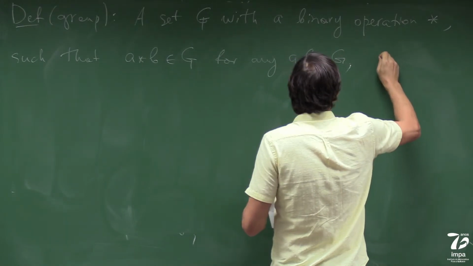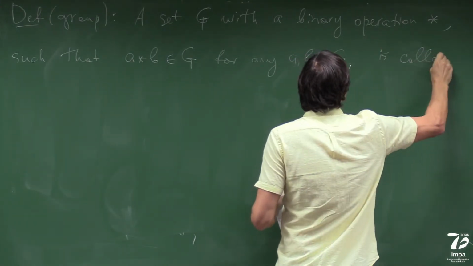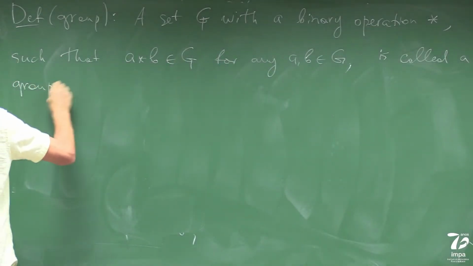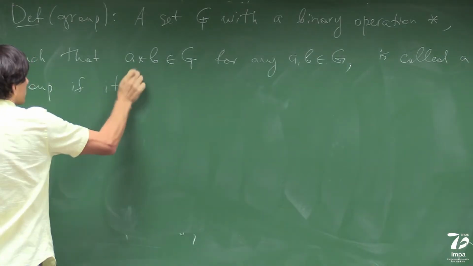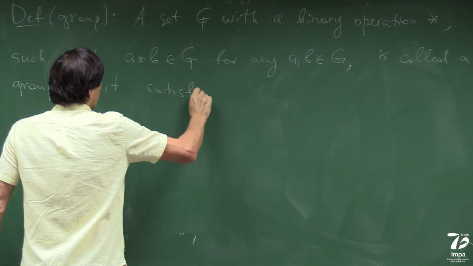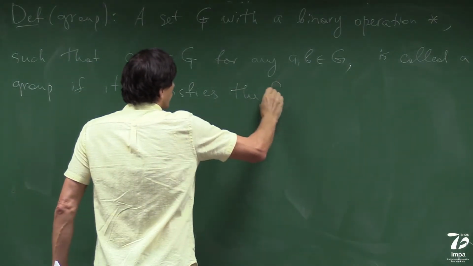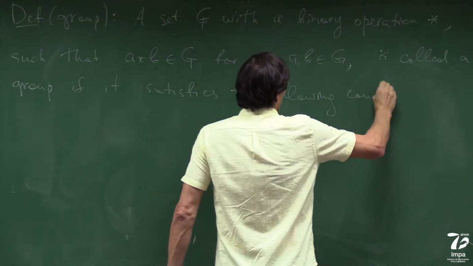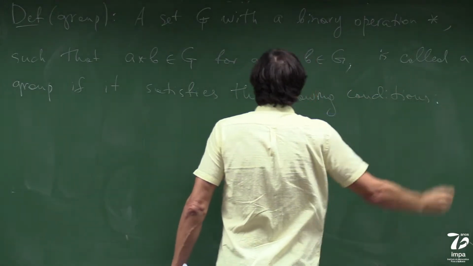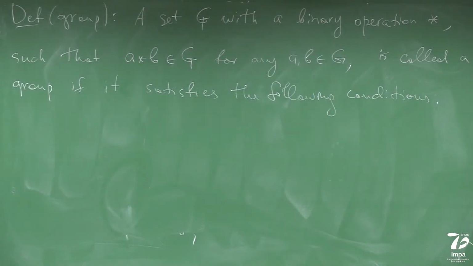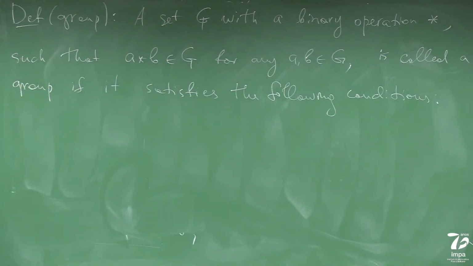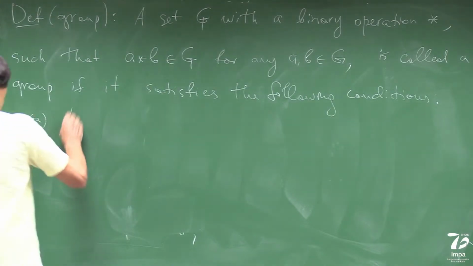So it is called a group if it satisfies the following properties or conditions. Three conditions are necessary, in addition to the fact that you have a binary operation. So the first condition is called associativity.